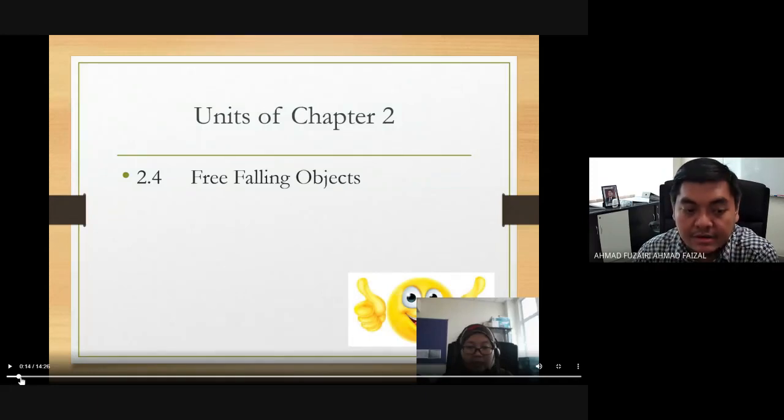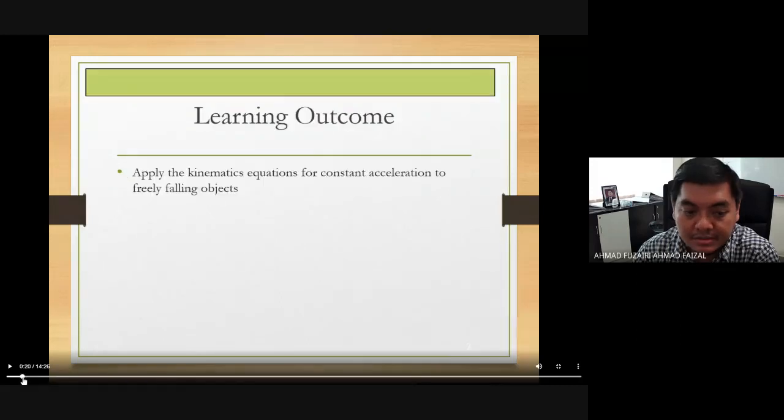For the free falling objects, again I want to mention the usage of the equations. At the end of this session, the students will know how to apply the kinematics equations for constant acceleration to free falling objects.